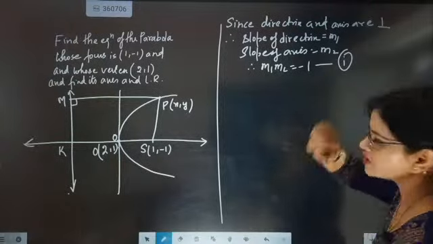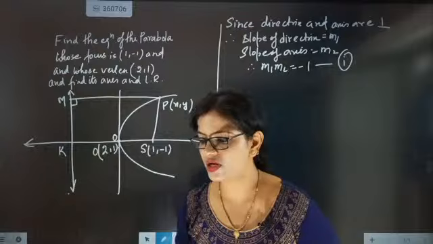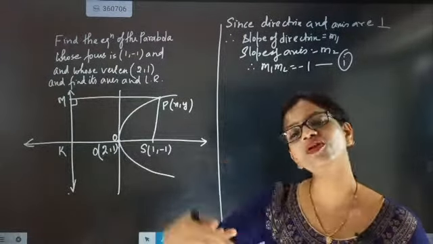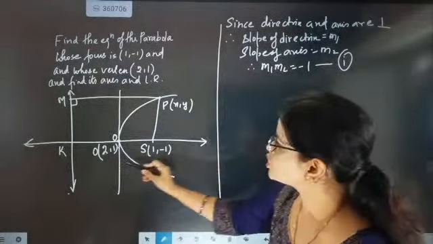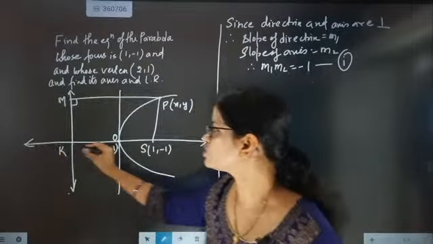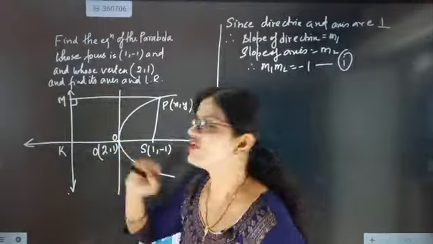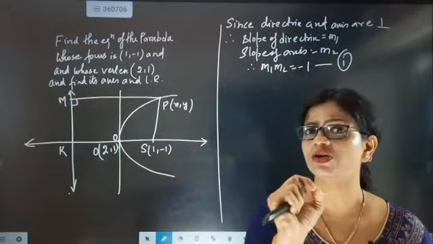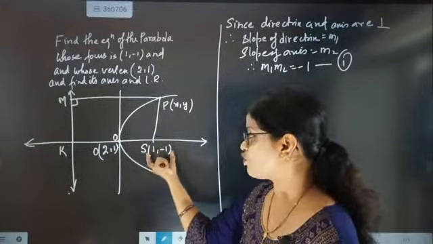Take it as equation 1. So their slopes will be perpendicular. So m1, the slope of the directrix, and the slope of the axis. Only one basic work you have to do. You have the focus value.